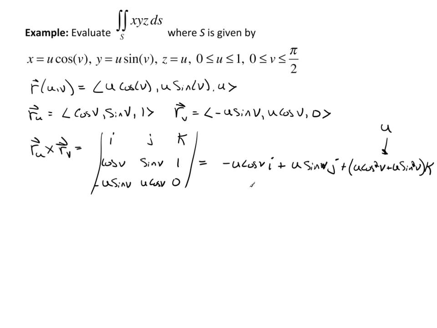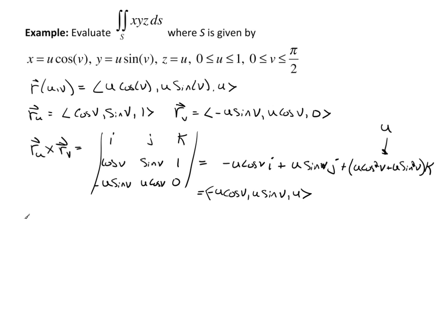So I guess I could just quickly rewrite this in vector form as negative u cosine v, u sine v, u.